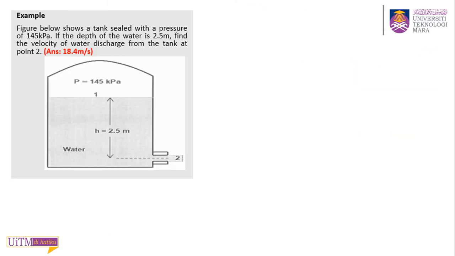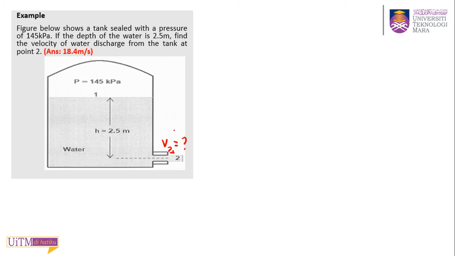Okay, we have more time. Let's see this example. So this is a water tank. The figure below shows a tank sealed with a pressure of 145 kilopascal. If the depth of the water is 2.5 meter, find the velocity of water discharged from the tank at point 2. So they ask you to find V2.